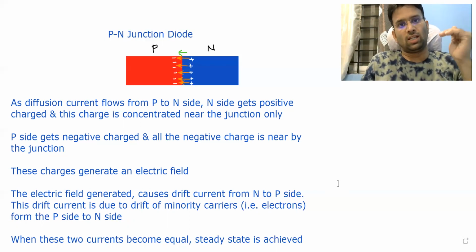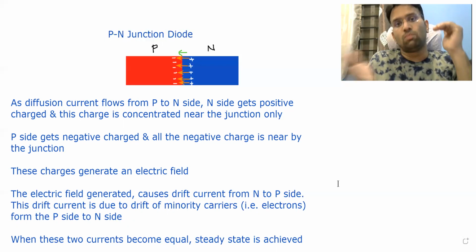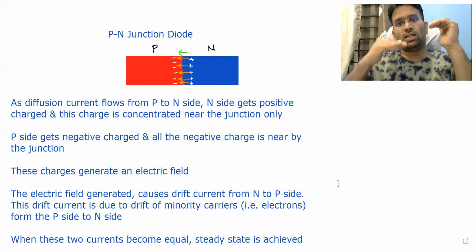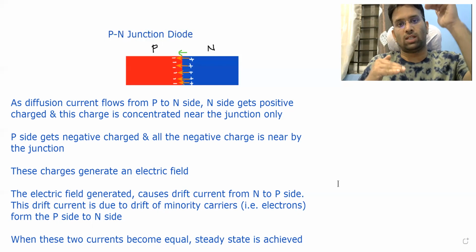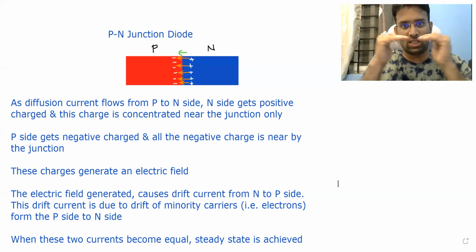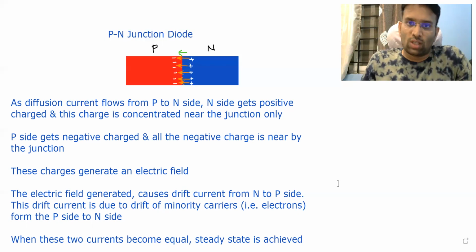So concentration keeps decreasing, and the diffusion current keeps decreasing. But as more and more electrons jump from N to P side over time, the electric field increases and it slowly increases the drift current. So from the start, diffusion current decreases, drift current increases, they both match, and that is when you say steady state is achieved.